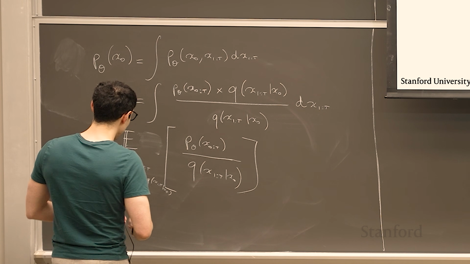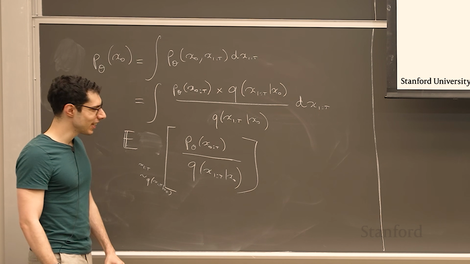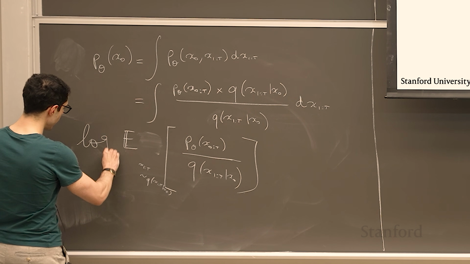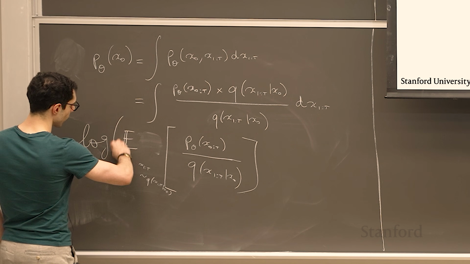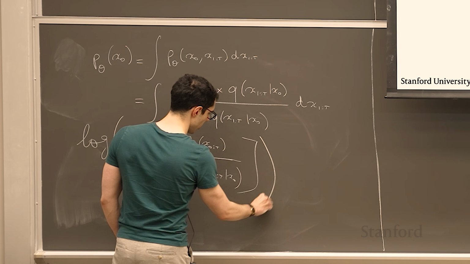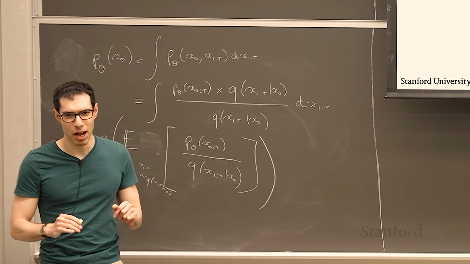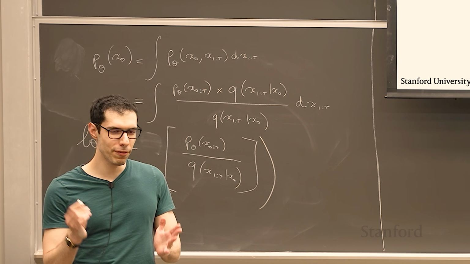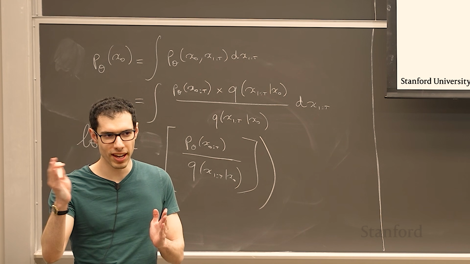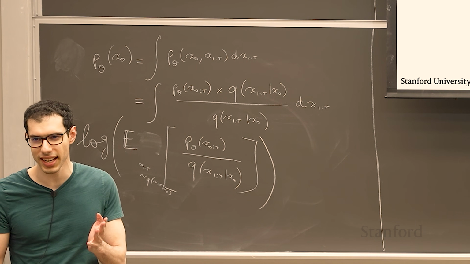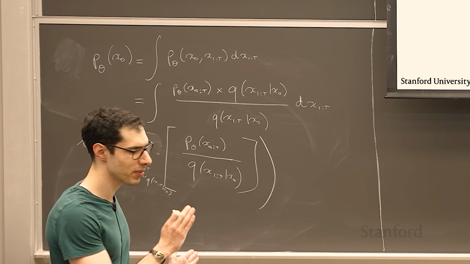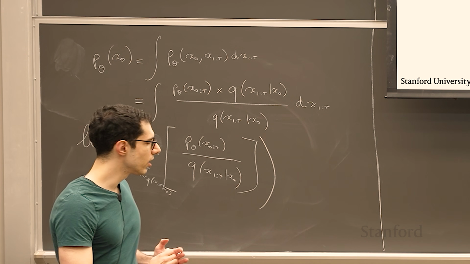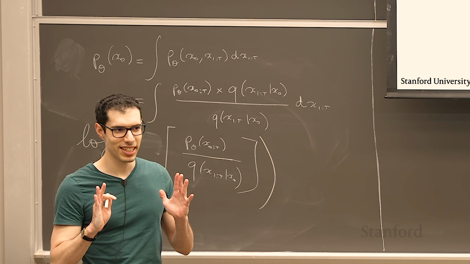So, where do we go from here? So it turns out that there is a very common trick out there that's called the Jensen inequality, where if you have a convex or a concave function, you have some very nice property about something we're going to see. And in particular, in this case, log is a concave function.